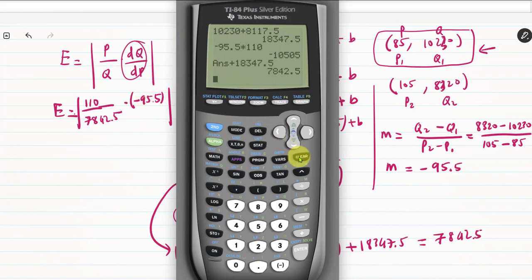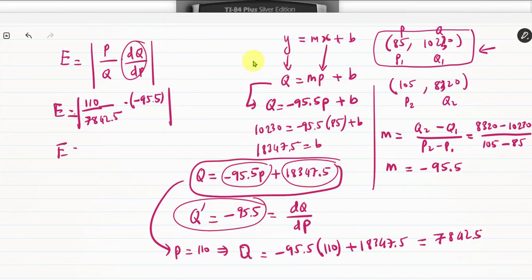So we take 110, we multiply by 95.5, and then I divide by 7,842.5. And it gives me 1.34 if I round it to two decimal places.